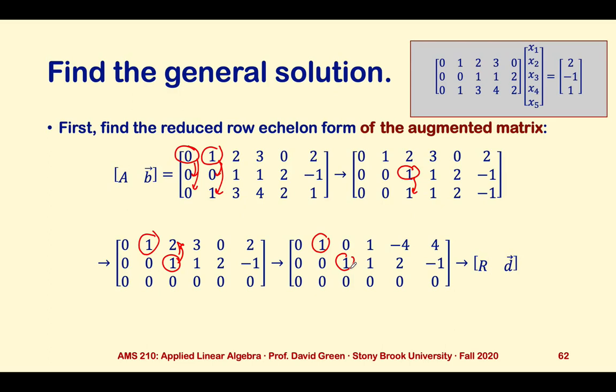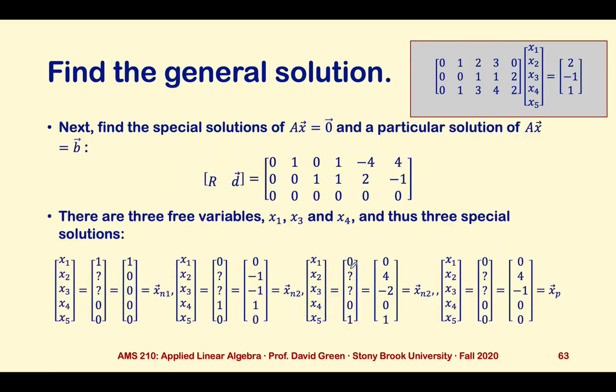Now that we have our reduced row echelon form, we are ready to pull out our special solutions and particular solutions. 2 pivots, x2 and x3, and 3 free variables. Any column that does not have a pivot in the coefficient block is a free variable.